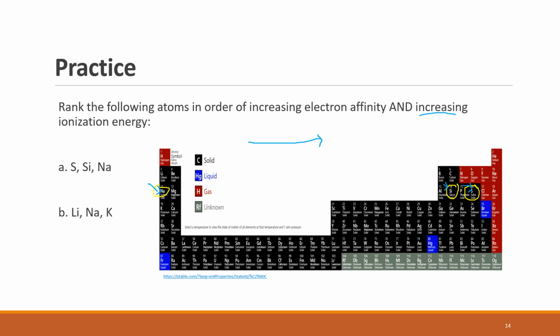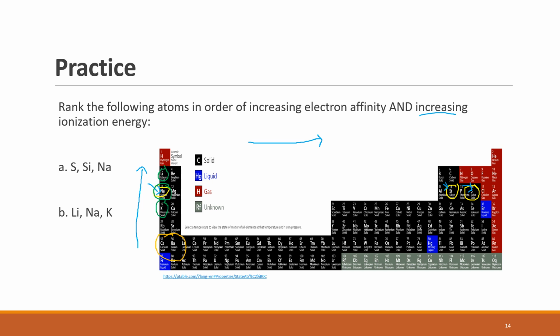Good. Let's look at the next one. We have lithium, sodium once again, and potassium. So we're going down a group this time. So remember the trend for ionization energy and electron affinity is going to increase as we go up a group, because the largest atoms are down in this left-hand corner.